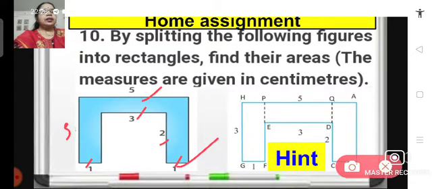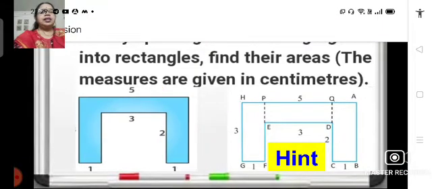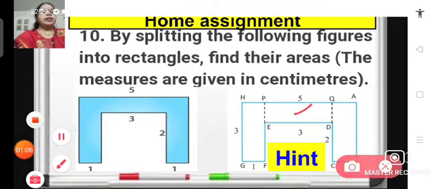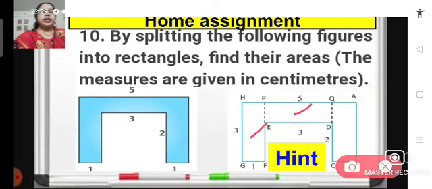The figure can be divided into rectangle ABCQ, then rectangle QDEP, and then the third rectangle, PFGH.